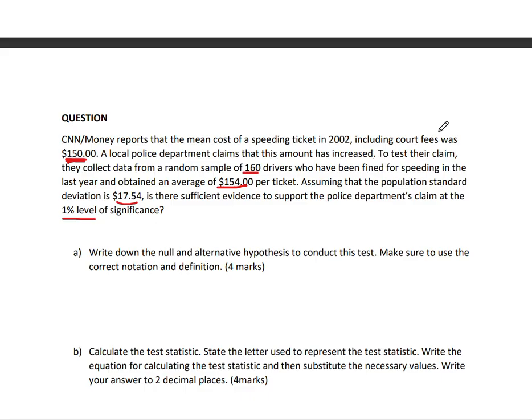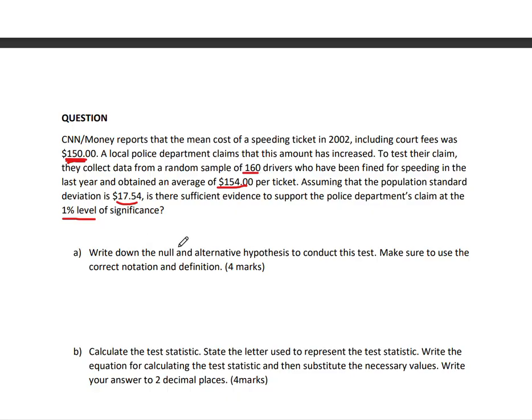In order to test their observations, what they did was to collect data from a random sample of 160 drivers, which revealed a sample mean of 154. Assuming that the population standard deviation, which is also given to us, 7.54, is there sufficient evidence to support the police department's claim? So we're going to test this hypothesis to see if the mean has increased based on the claim made by the police.